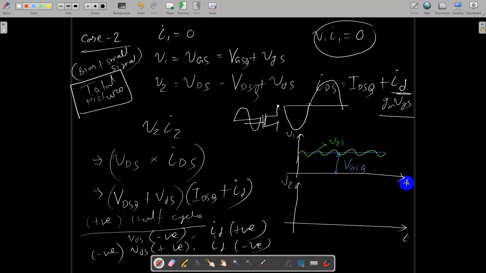This is time, this is time. Let's see carefully again. Now this is your VDSQ, and this is your amplified phase shifted signal, but for the overall range, it is impossible that this will be amplified such that the whole value will be negative.